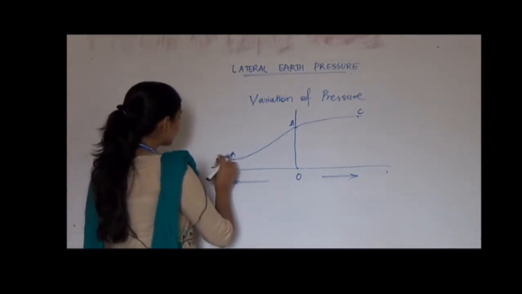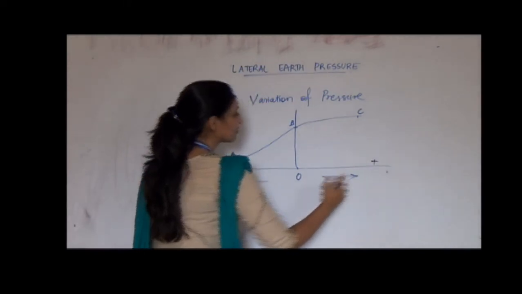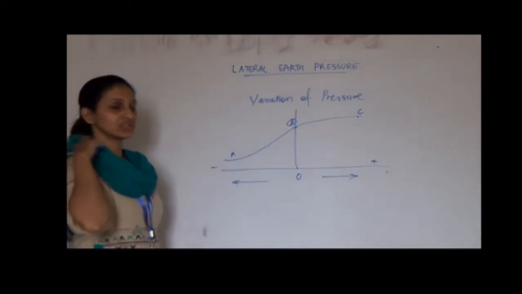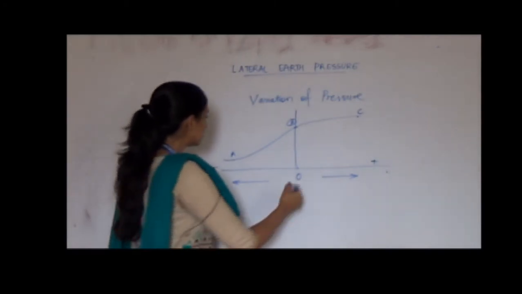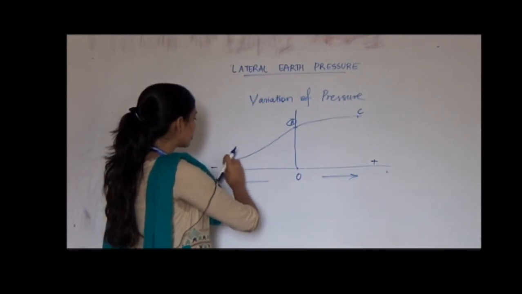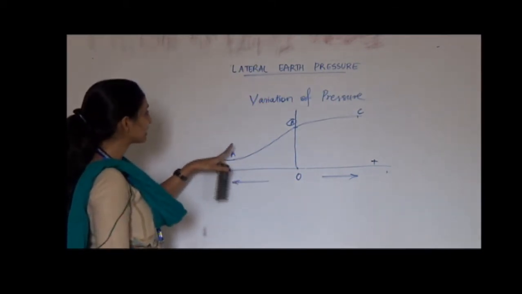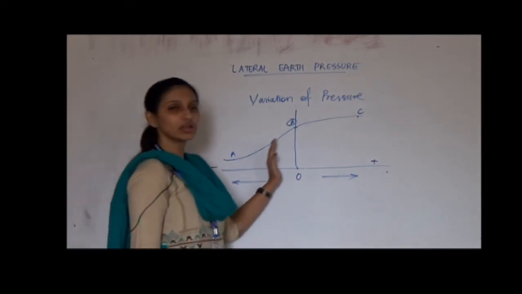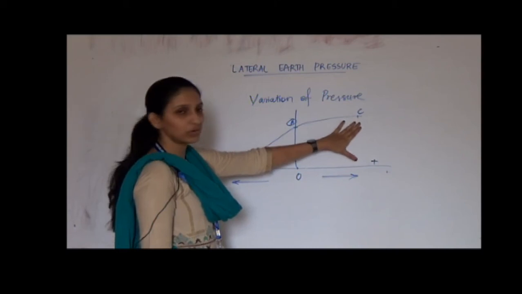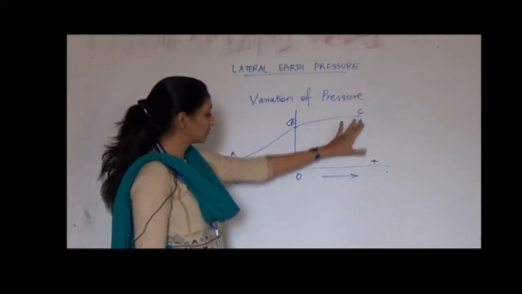We can see that active earth pressure is minimum and passive earth pressure is maximum, and B denotes the earth pressure at rest. As the wall moves away, the pressure decreases and failure of the soil mass occurs, giving rise to active earth pressure. Whereas when the soil mass gets compressed, the pressure increases, and this pressure is known as passive earth pressure.